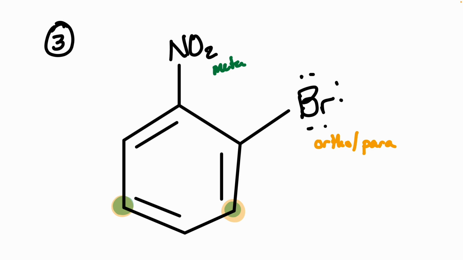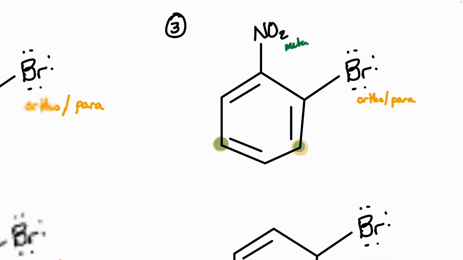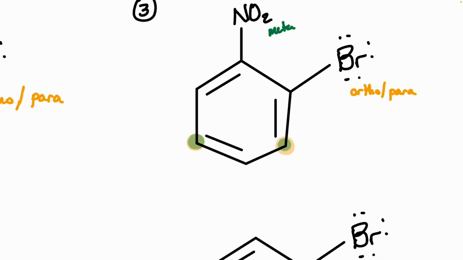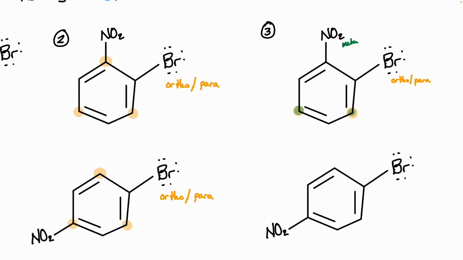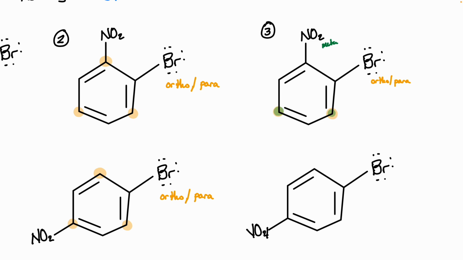So that means we need to look at the meta positions. That's where that nitro group wants that incoming substituent to go. So again, they're both in agreement. They are both going to direct that incoming chlorine to the same two positions. Now, which one I choose is going to give me a different product. So when chlorine is directed over here, this would be one product.